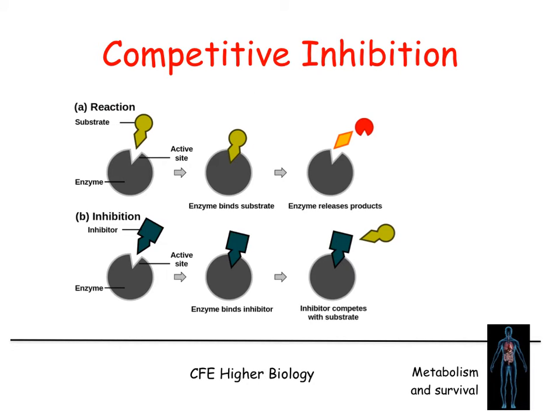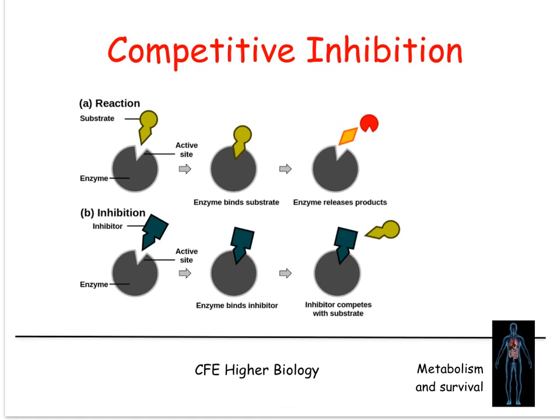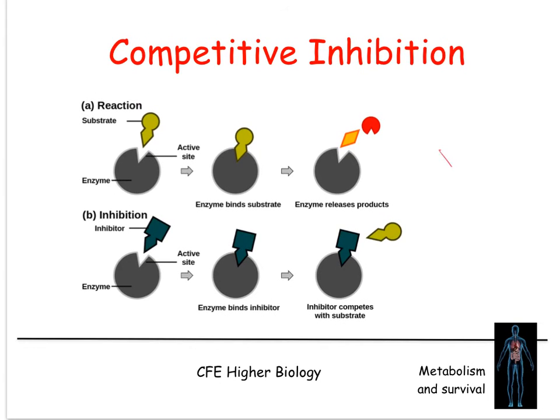So let's have a wee look at what we're talking about here. Here's an example up here of just a straightforward reaction taking place. There's no inhibitor present. You've got your substrate, which binds onto the active site, and you have to think about the induced fit situation as well, but that's not in this diagram. We've talked about it before. So the enzyme binds to the substrate, and then the enzyme releases the product.